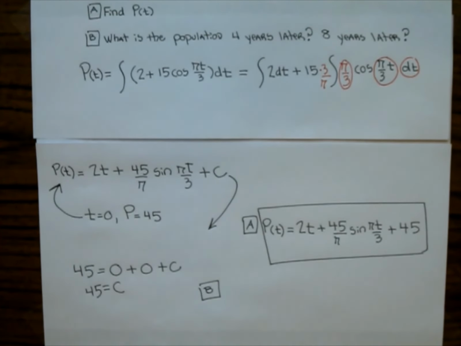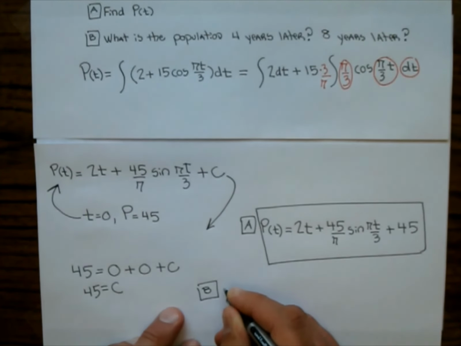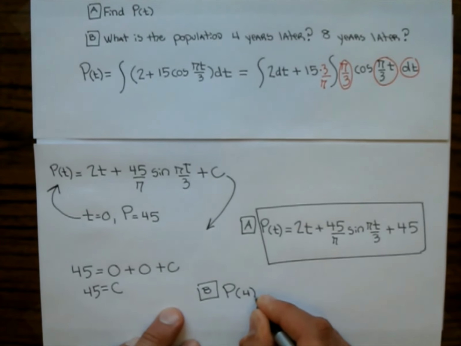Now it's funny because if you read the original problem, it says the population of wildcats is observed to fluctuate on a 6-year cycle. So that means the population may go down sometimes and then go up, but it kind of cycles, and maybe it's on an upward spiral or whatever. Let's see what happens when we put 4 into this.